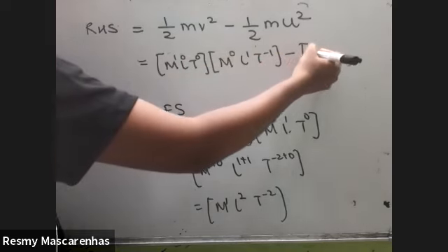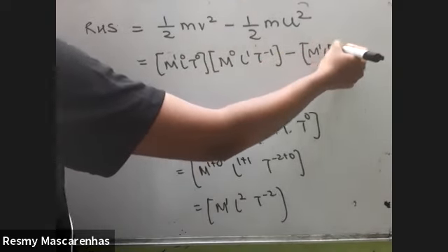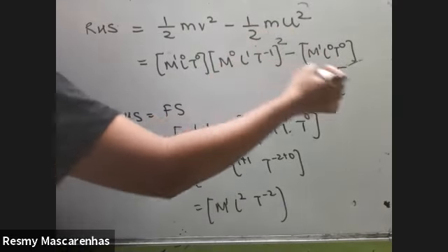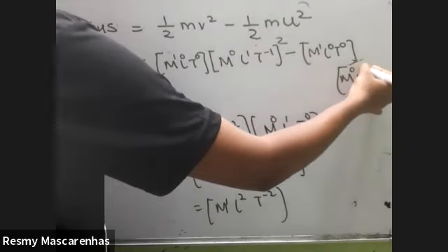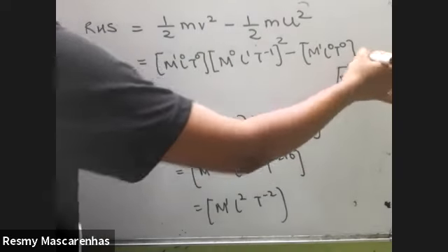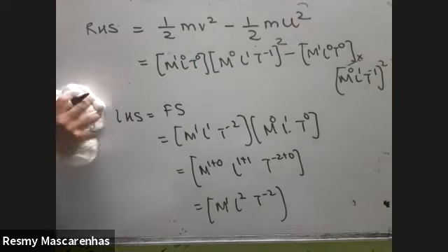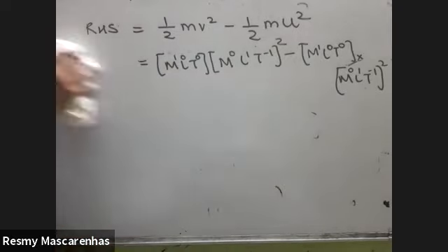Again mass into, there is a square. Not fitting this, I just wrote it like that. It's not clear, I'll write it again quickly.